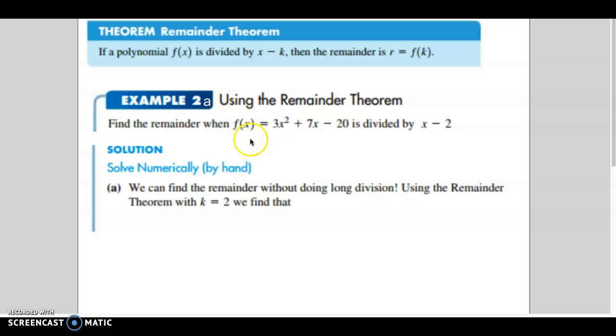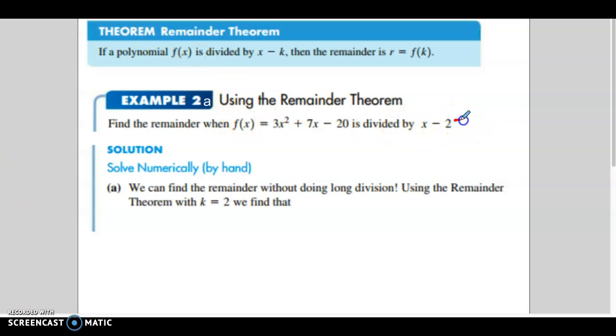If the only thing that we're interested in is finding out what the remainder is when we take some function and divide it by some expression, we can simply use the remainder theorem, which says if we plug in the solution to the factor, or the divisor, we will get the remainder that we would get if we were to take the function and divide it by the divisor.